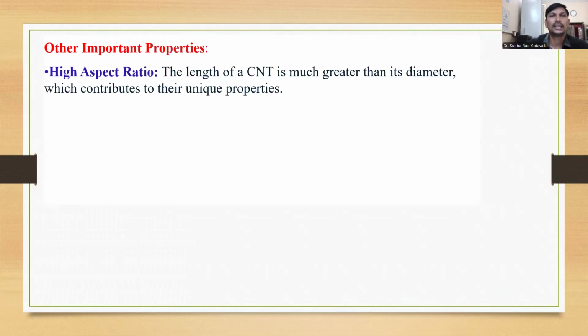That means the length of carbon nanotubes is much greater than its diameter, which contributes to their unique properties. Even with more length, the diameter will be the same, which gives unique properties to the material.